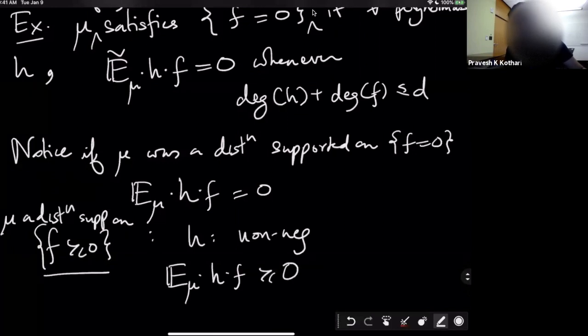Why would it hold? Because for every point x in the support of mu, f(x) has to be non-negative. h is a non-negative function, so h times f always has to be non-negative over the support of mu, and that's where the expectation must be non-negative, right? So these two are facts that must hold for actual distributions.